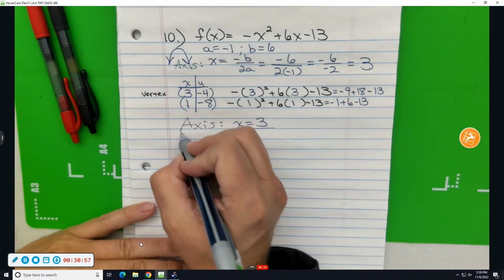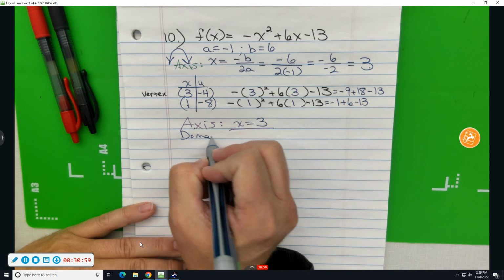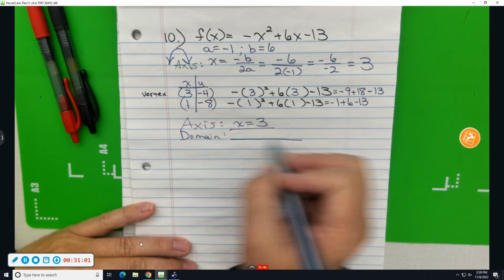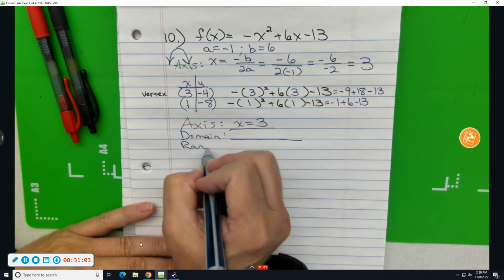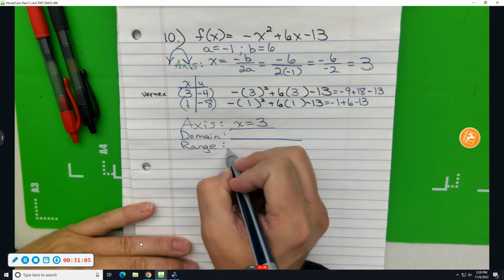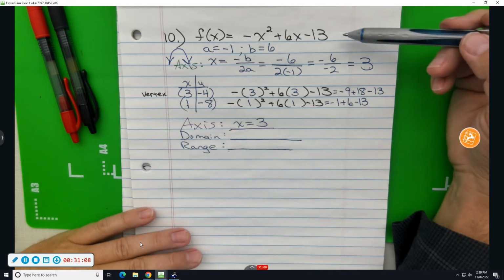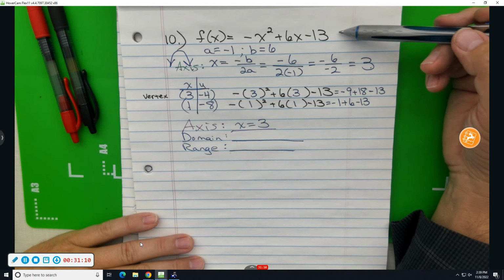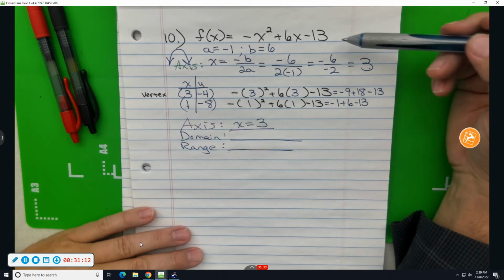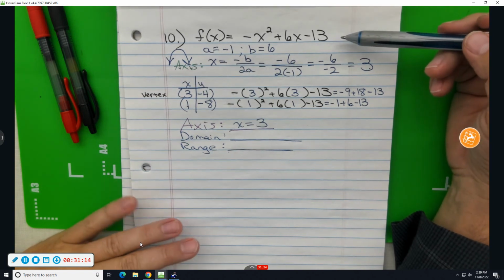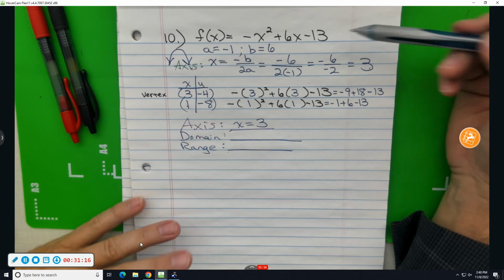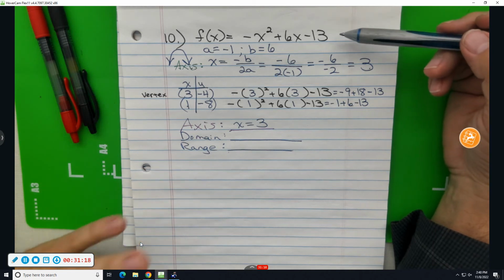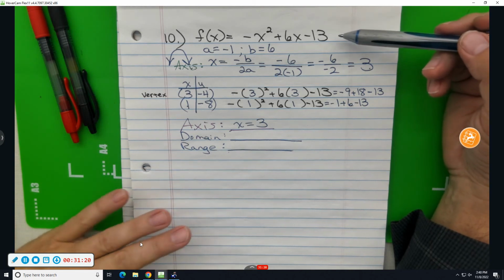They want the domain and the range. The domain I knew the moment I looked at this problem. We said in class, if there's no square roots, that means there can't be any imaginary y values. If there are no fractions, there can't be any undefined results.